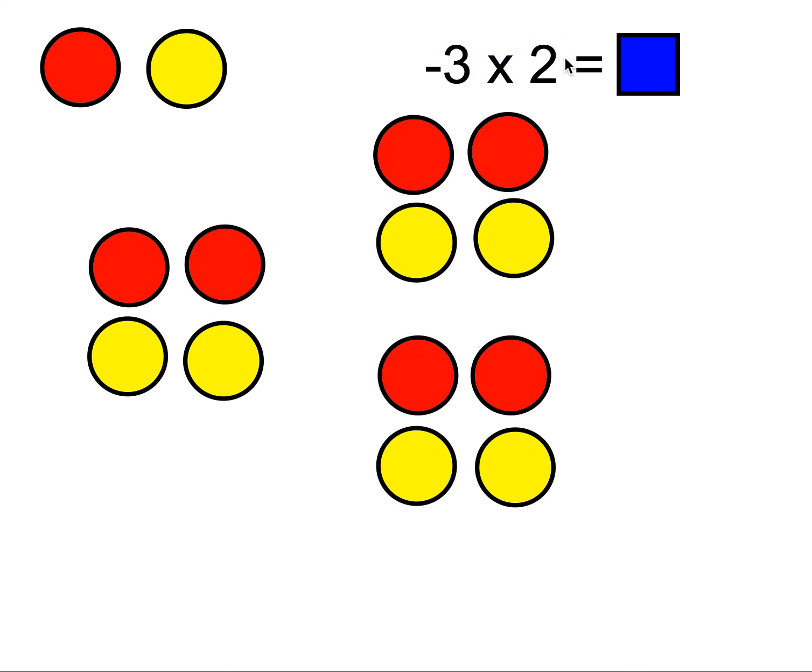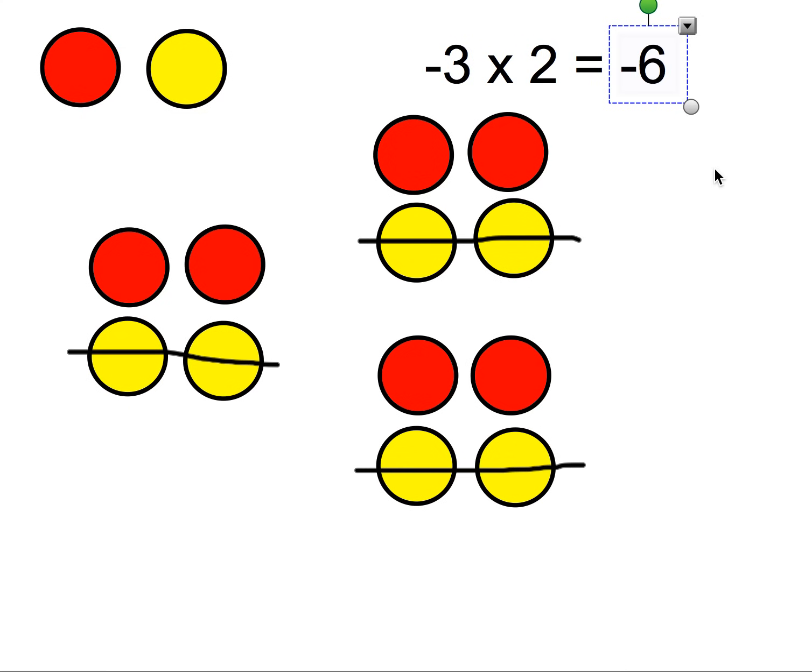But what I want to remove is 3 groups of 2. So I need to remove 1 group of 2, 2 groups of 2, 3 groups of 2. That leaves me with 1, 2, 3, 4, 5, 6 red counters, or negative 6. So negative 3 times 2 is equal to negative 6.